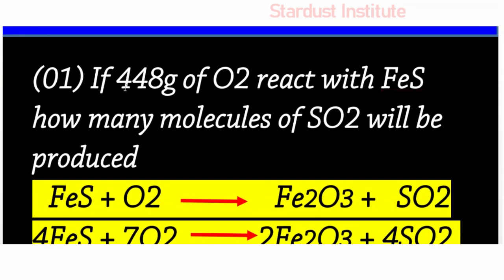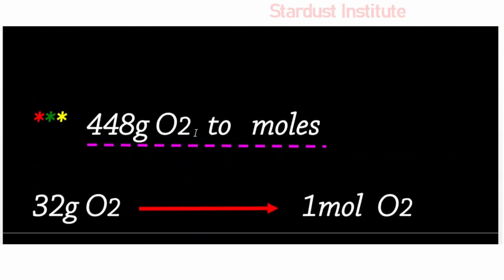Here we have been given 448 grams of O2. Now we have to convert this 448 grams of oxygen to moles of oxygen. Let's convert it.